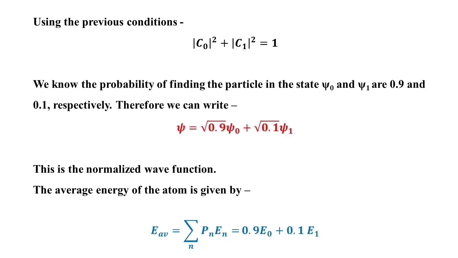So we have mod of C naught square plus mod of C1 square is equal to 1. And we know the probabilities of finding the particle in the state psi naught and psi 1 are 0.9 and 0.1 respectively, as given in the condition. Therefore we can write psi is root over 0.9 psi naught plus root over 0.1 psi 1.